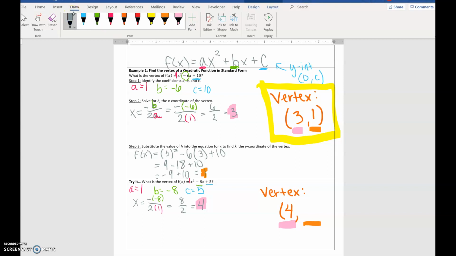So we have, and you can pause the video again and resolve if you would like, or finish. So we have 4 squared minus 8 times 4 plus 5. So 16 minus 32 plus 5. -16 plus 5. So we get -11. And then that is our answer.